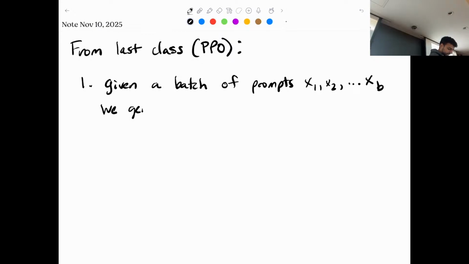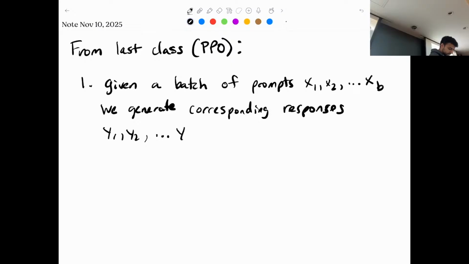We generate corresponding responses to each prompt, Y1, Y2, YB, from our policy model, which is the model we're currently training.